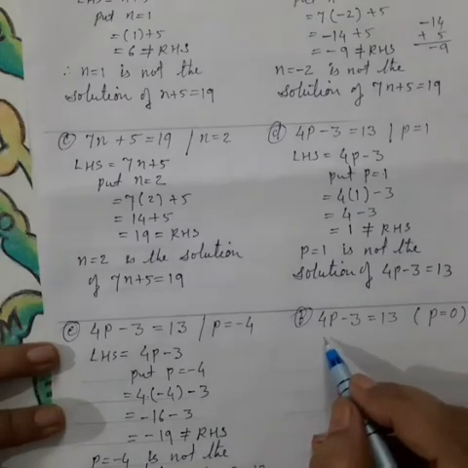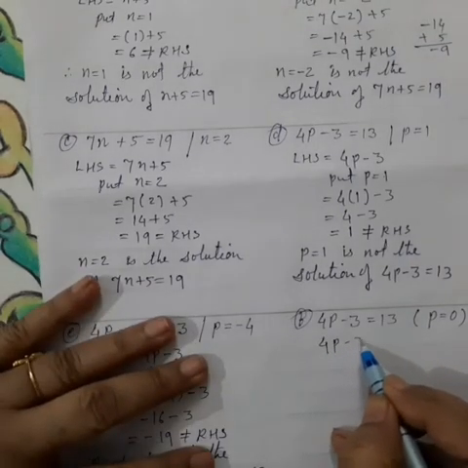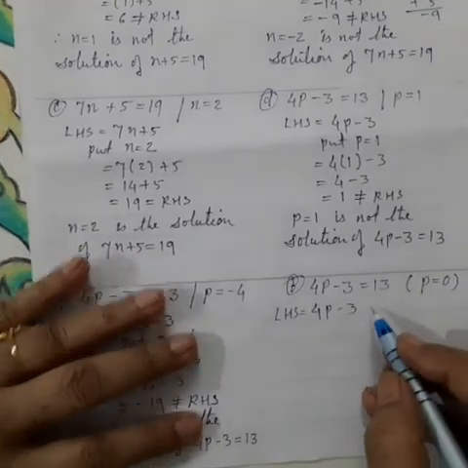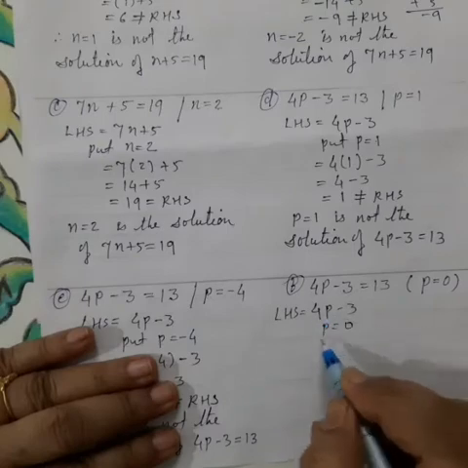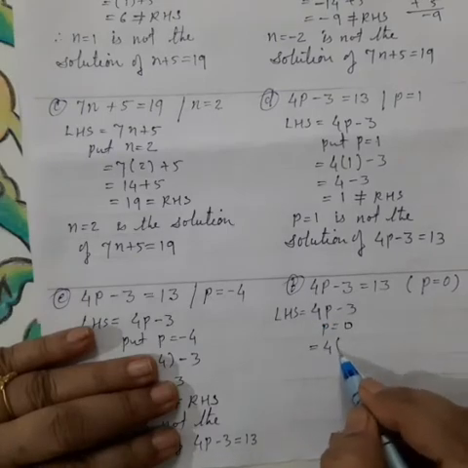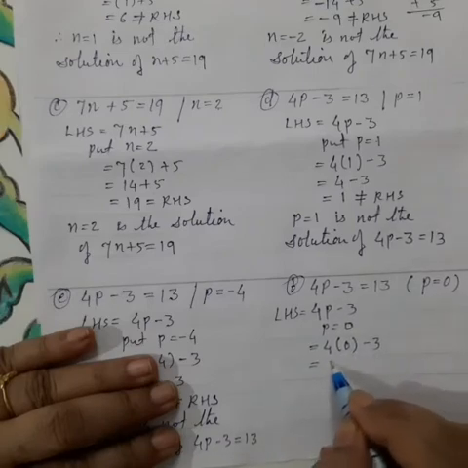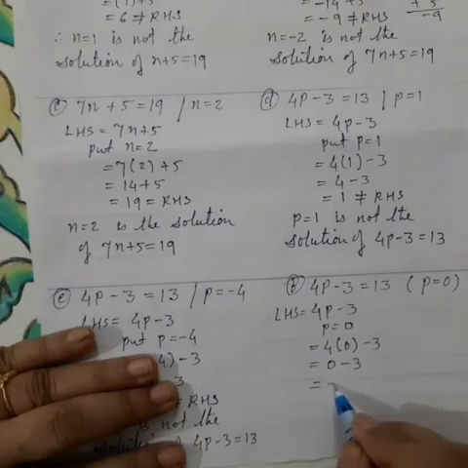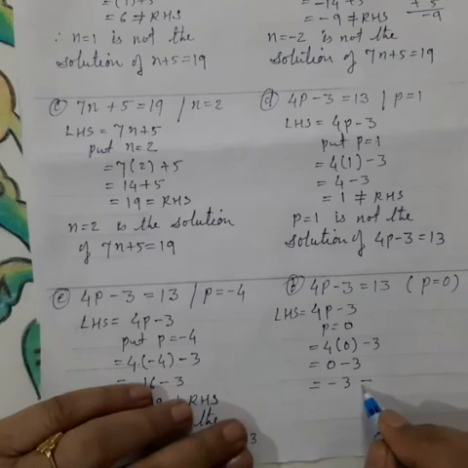Coming to F. 4p, our left hand side is 4p minus 3, and put p equal to 0 at the place of p. So here, 4 at the place of p put 0, minus 3. 4 zeros are 0, 0 minus 3. 0 minus 3 is minus 3, and our right hand side is plus 13.